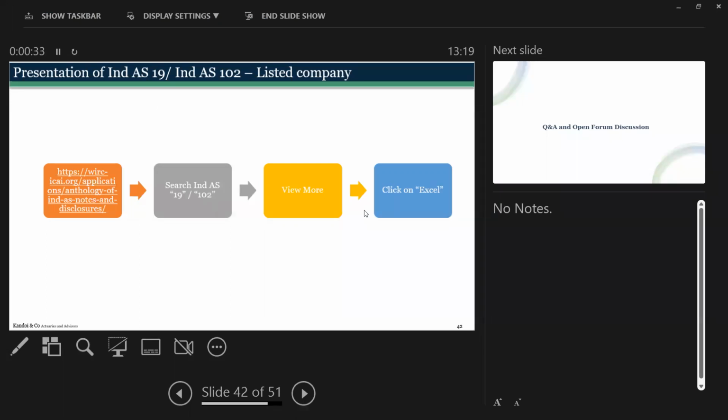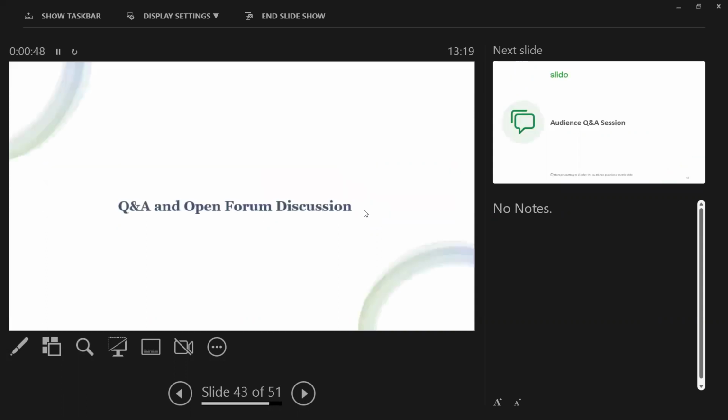On this link, you can in one click find more than 20 to 30 Excel formats of the index disclosure. This is a very good work done by the WIRC in the recent past. So this can be beneficial to you.